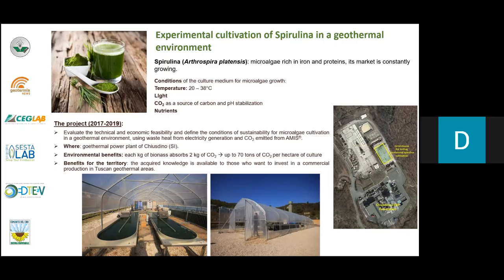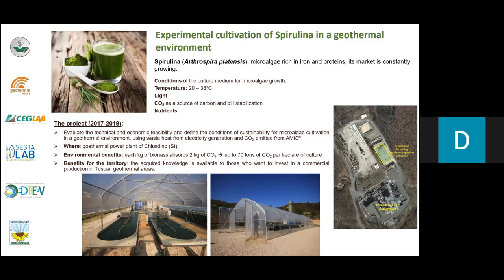It needs light to grow because it's a sort of plant that makes photosynthesis, and it needs CO2 as a source of carbon, and to stabilize the pH, the acidity of the culture medium. This experiment was carried out in Chiusdino, near a power plant in traditional geothermal areas.